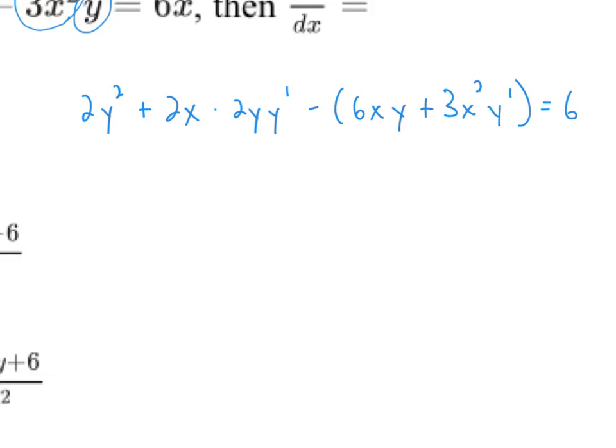Okay, let's simplify this. Get rid of parentheses. Okay, that'll be 4xy. Distribute the negative.